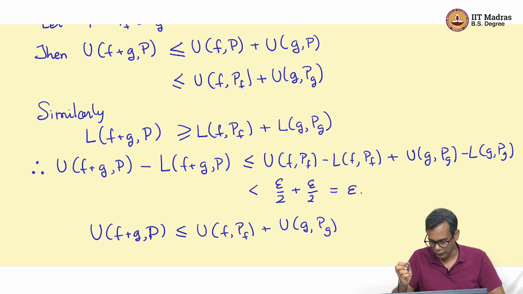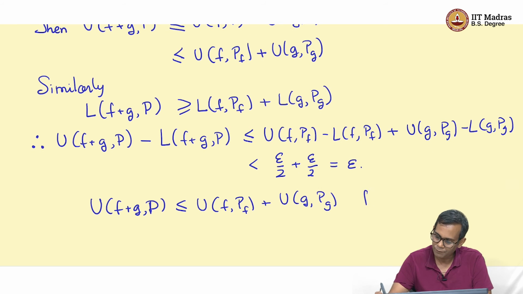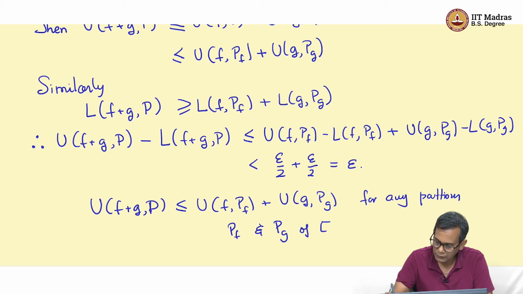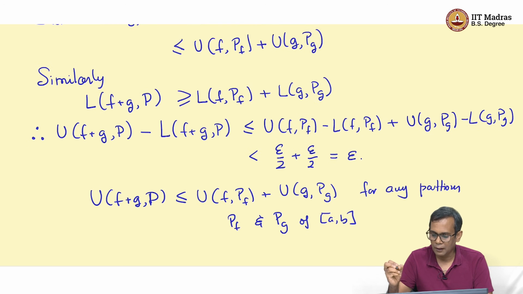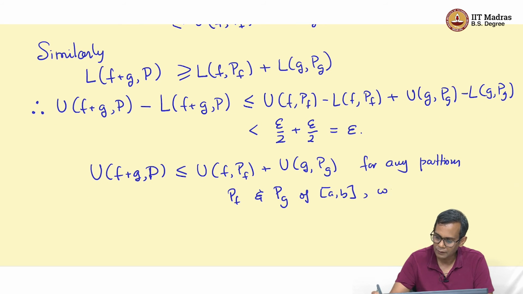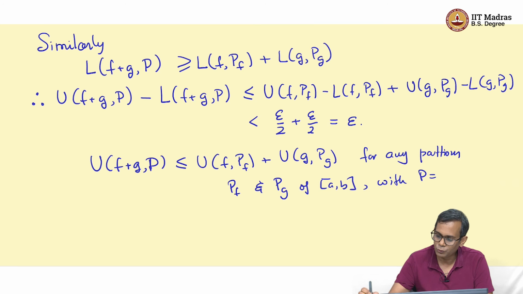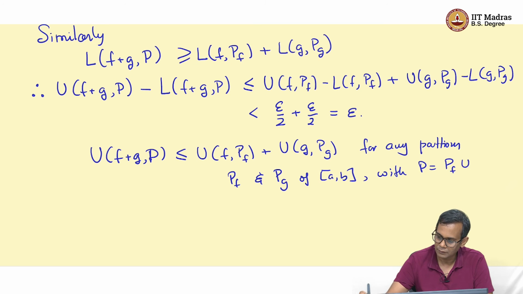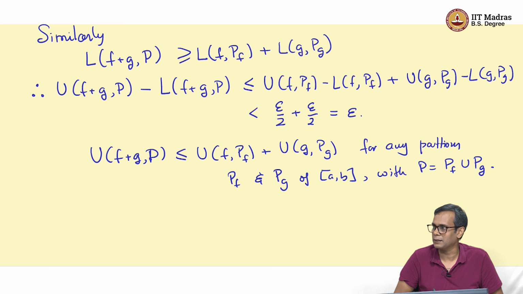This is true for any partitions Pf and Pg of the closed interval AB, provided I take P to be the union of those partitions, the common refinement of those partitions. This inequality will still hold.